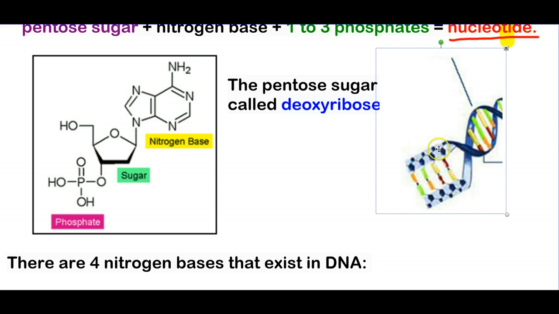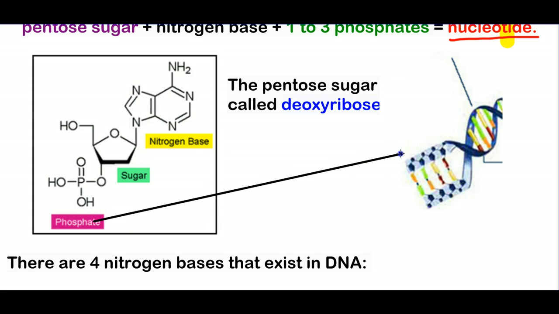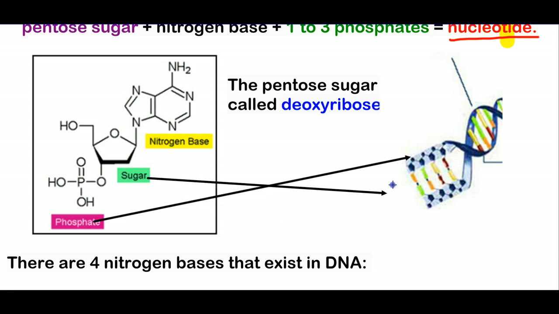Well, you've got the sides of your ladder, which is made up of your sugar, let's see here. Okay, your phosphates are these small little circles, and your sugars are the bigger groups right beside it.